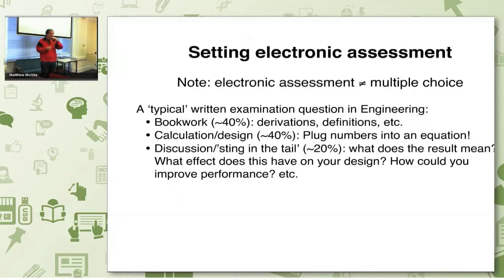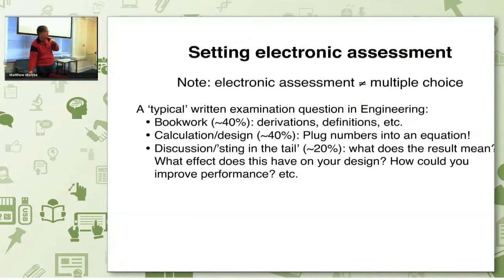And then there's this last 20%, the sting in the tail, or the discussion part of the question. You've derived something, you've got this result, what does it mean, how might you change the design, how could you improve the performance? So a much more open-ended type of question, perhaps more similar to the questions asked in other departments as well, a small essay or discussion question.